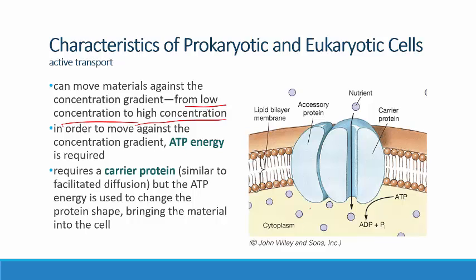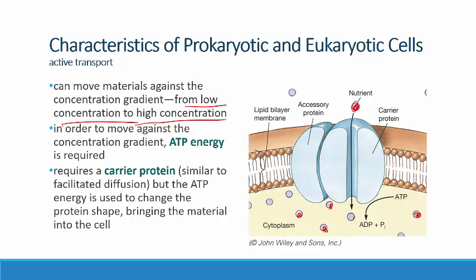So here you can see this is the nutrient that we're trying to get, and we see lots of nutrient on this side that is filling up the interior of the cell. But because we are moving against the concentration gradient, energy is required to make this happen. And energy is supplied in the form of adenosine triphosphate, in the form of ATP.